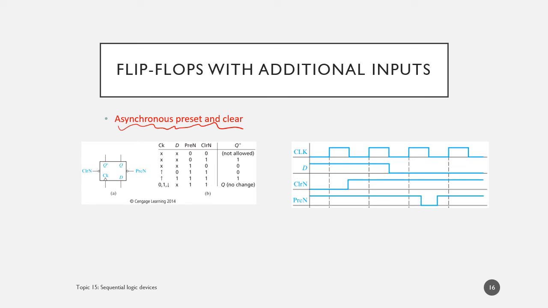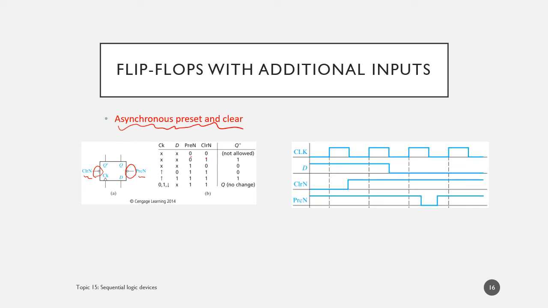So the excitation table would look like that. If you notice here in this example, both the preset and the clear inputs are active low. If they are both active, actually this cannot happen, because if we have both of them equal to 0, we try to set and clear the output at the same time.